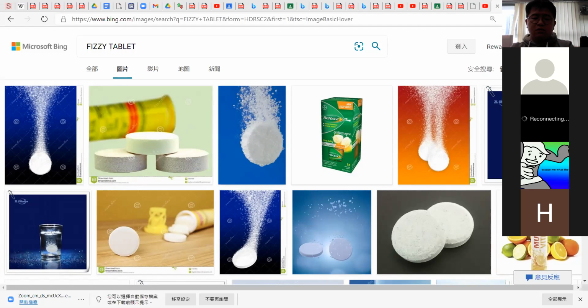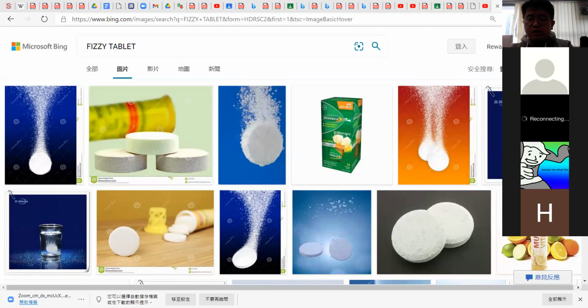Second question is about why it is always in lemon or in orange flavor. Can you get a point? So why?